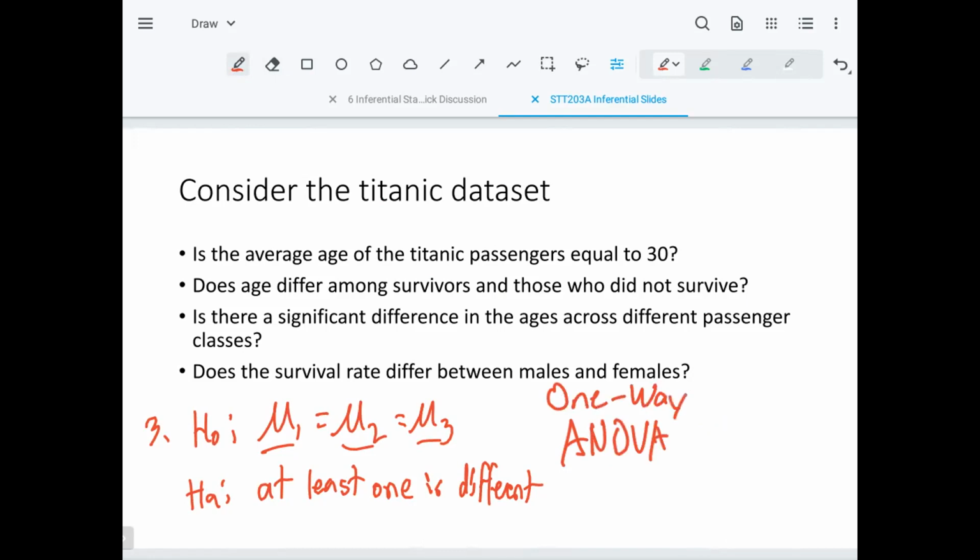Sige, tanongin ko lang kayo, I'm gonna ask you a question. What about two-way ANOVA? Diniscuss nyo from previous stat classes. Two-way ANOVA. Hindi ko pala nakikita kung nagla-like kayo.